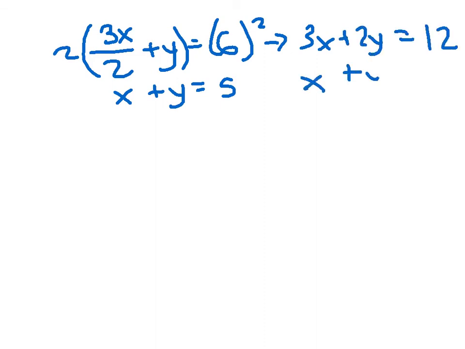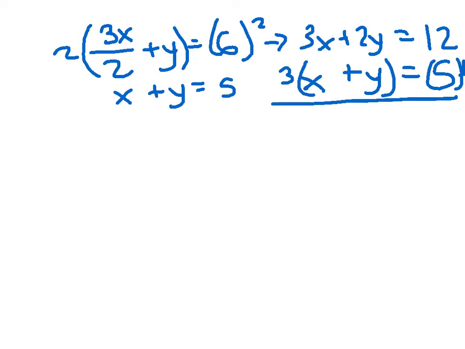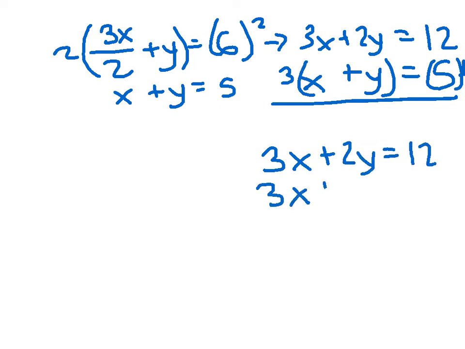And I notice still that I do not have the same coefficients on either term. So I'm going to multiply my second equation by 3 so that those x terms will be able to cancel out. So now I'm going to have 3x plus 2y equals 12, and 3x plus 3y equals 15.